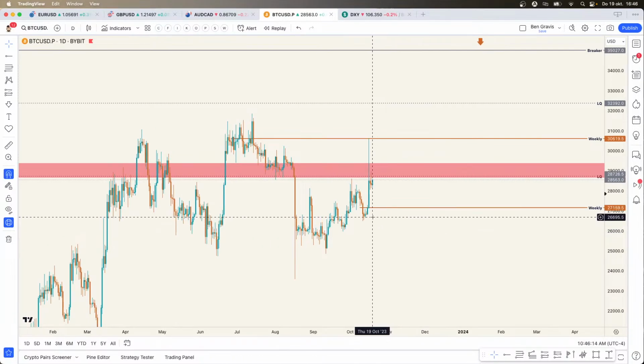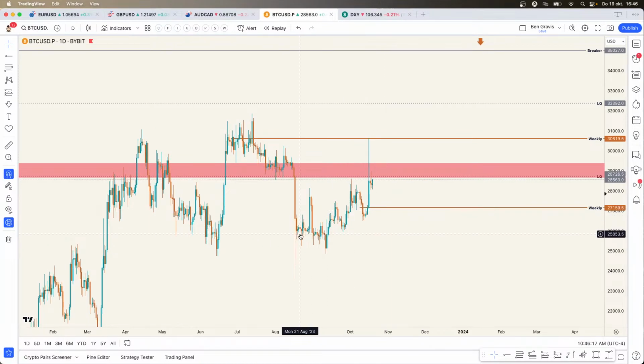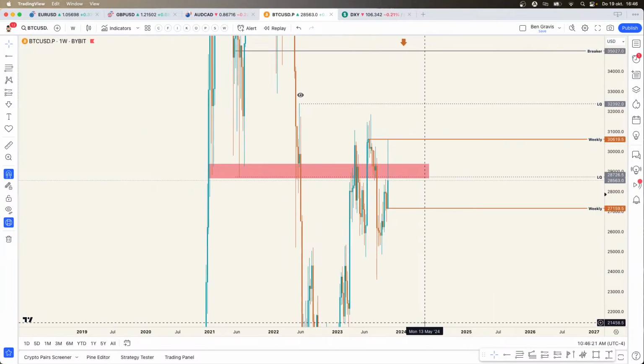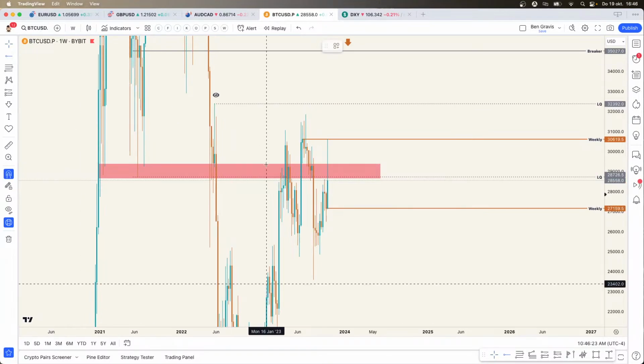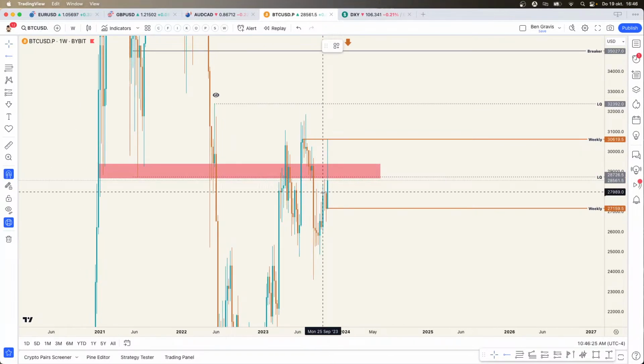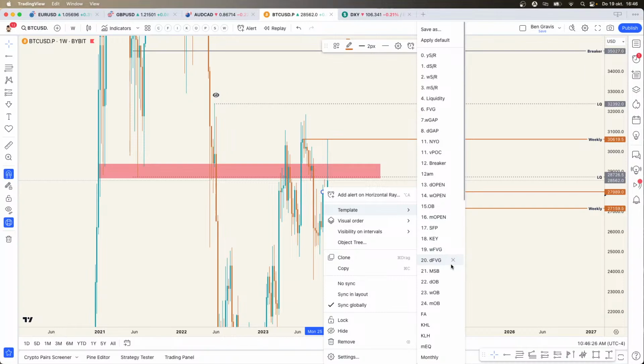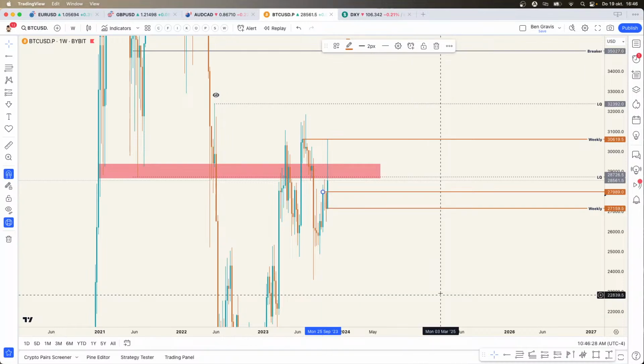So if it wants to continue higher, we have this weekly order block here.